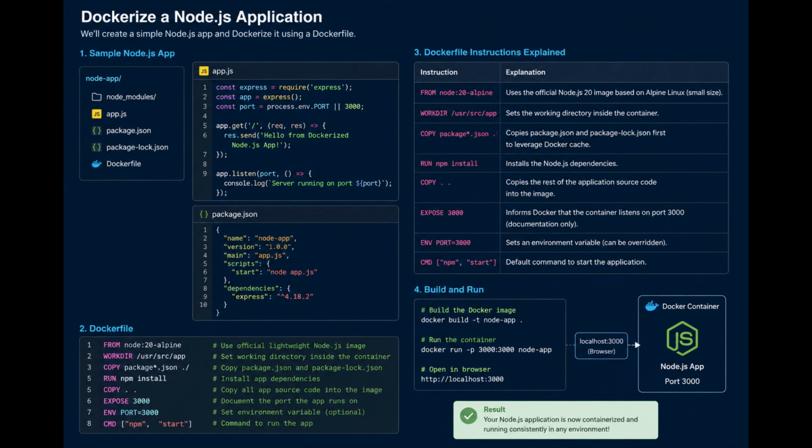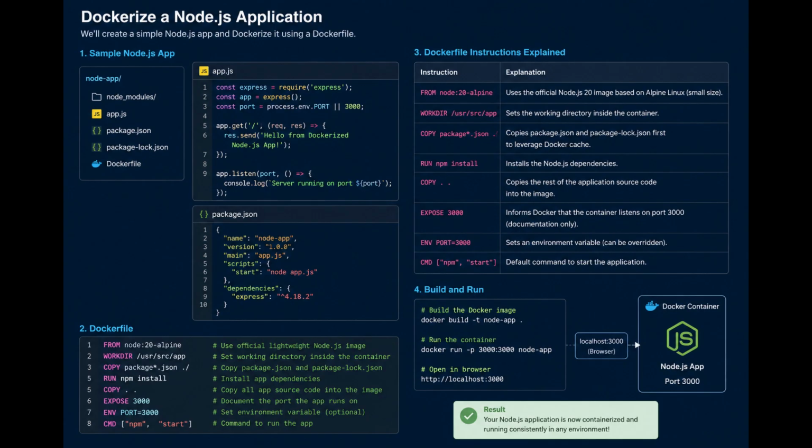Everything required to run the app exists inside the container. That means even if another machine has a completely different operating system or configuration, the container will still work exactly the same way. After dependencies are installed, we use COPY . . This copies the remaining application source code into the container. At this stage, the entire Node.js application is now available inside the Docker image.